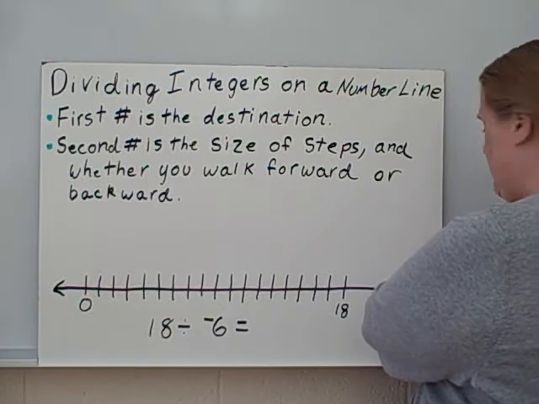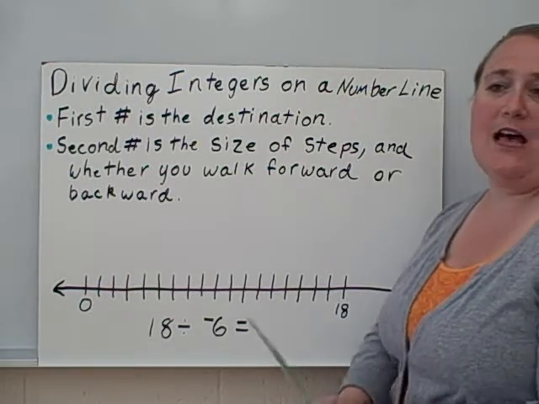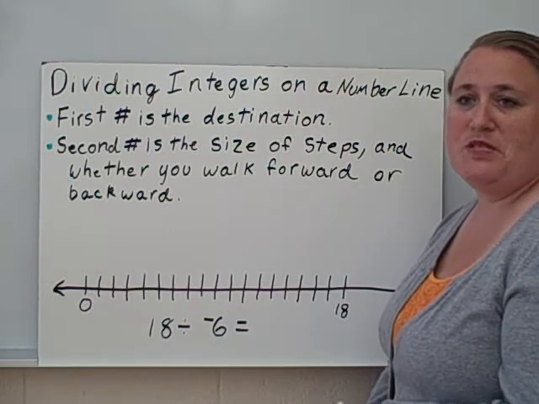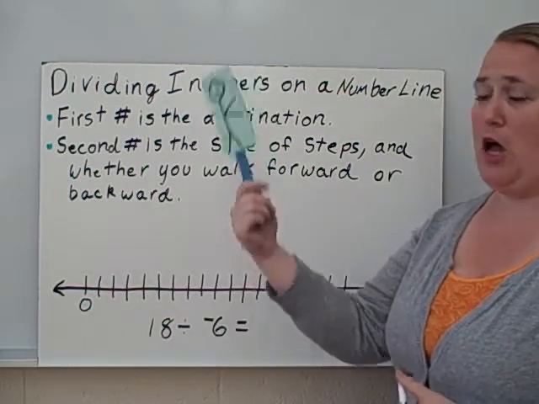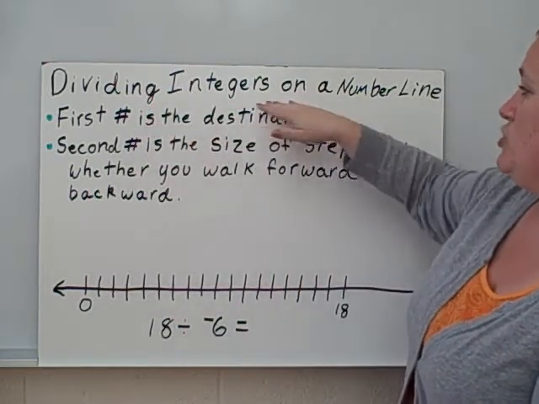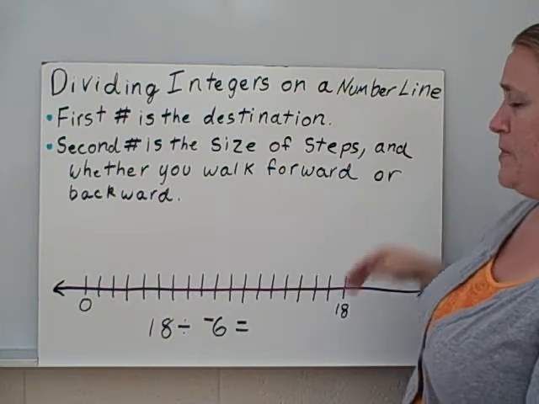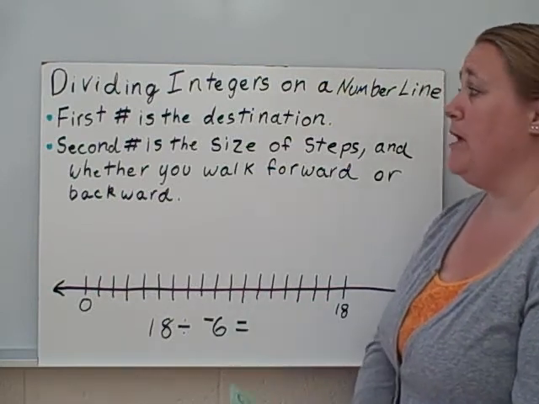You probably remember that we used a car to help demonstrate some subtraction on a number line. This time we're going to use a person, and we're going to be talking about dividing integers on a number line. So there's 2 main steps that you need to remember, okay?